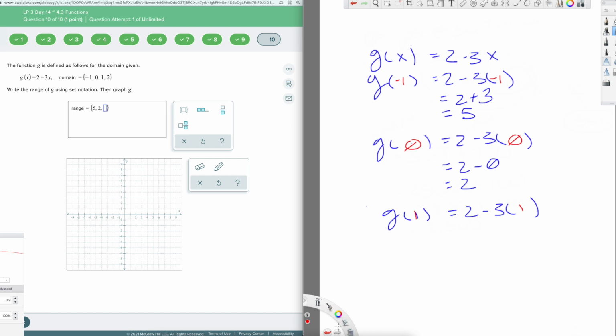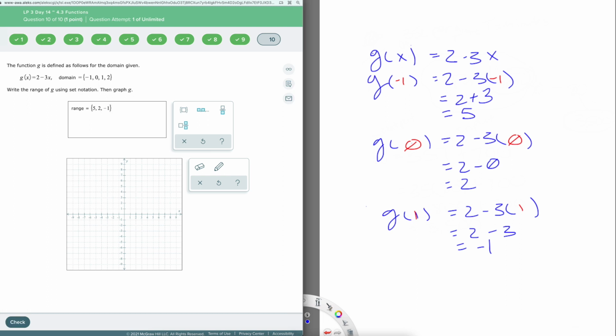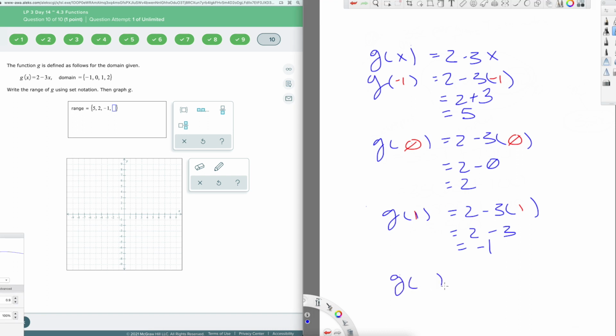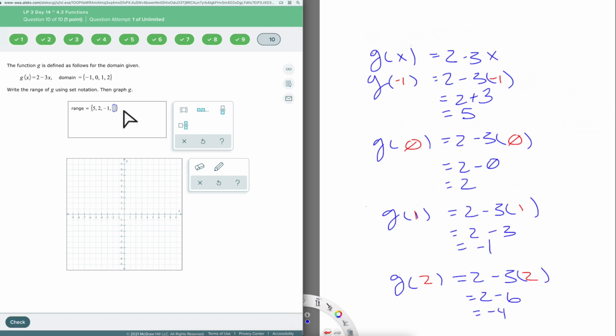So now I have 2, -3 times 1 is -3. 2 minus 3 is -1. So my next output is -1, comma. Now I'm going to have my last piece here. Our last input is 2. So I'm going to have 2, -3 times 2 is -6, and 2 minus 6 is -4. So my last one is -4.